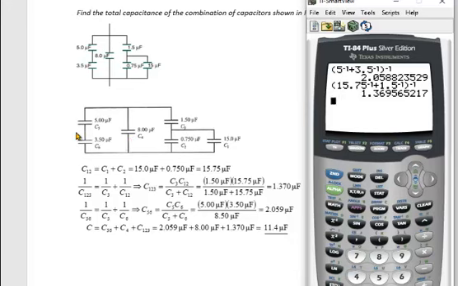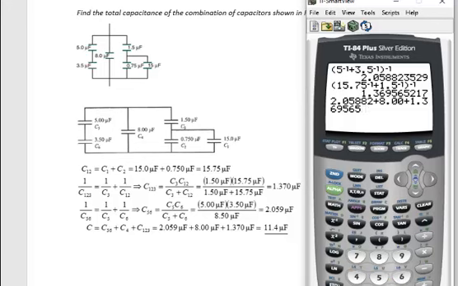And now the stuff on the left and in the middle and on the right-hand side, they're all in parallel with each other. Capacitances simply add when they're in parallel. So I'm going to have the 2.0588 with a few more decimals here, plus the 8.00 in the middle, plus the 1.369565.